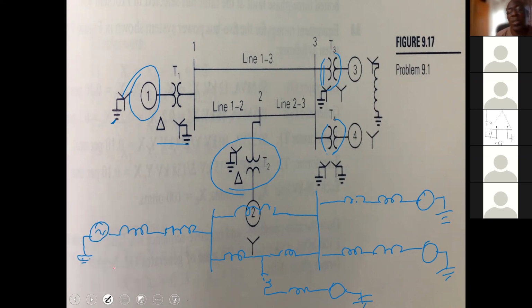So the next question would be, where is the fault? So if we had our fault, let's say on this bus bar, we had our fault at that point. What we are saying is that you would find the Thevenin equivalent looking into that fault point. So just as with your Thevenin equivalent, where you open circuit, you're looking into those terminals.